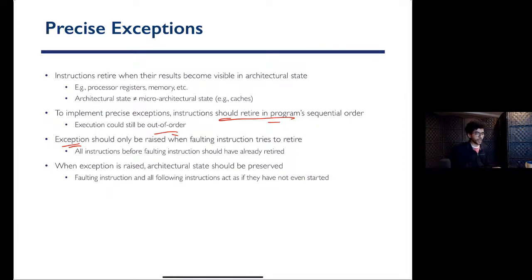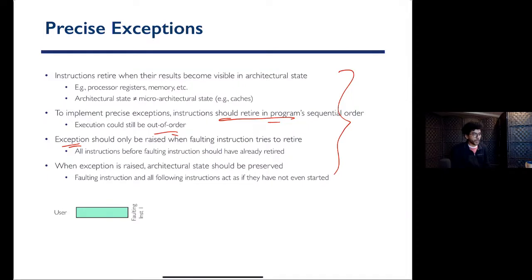Again, I'm not going to talk more about these, but just so you know, in hardware we make sure that all these side effects and out-of-order executions do not alter our architectural state in an out-of-order manner. We make sure that exceptions are taken care of in the same order in which the instructions are retired.